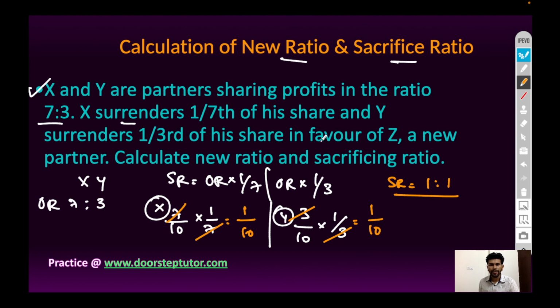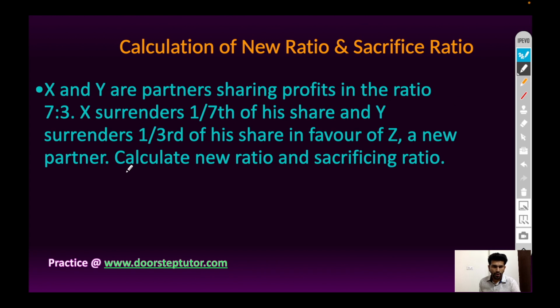Now by applying sacrifice ratio, we will get new ratio. Here sacrifice ratio is 1 is to 1. Now sacrifice ratio is equal to old ratio minus new ratio. So new ratio will be equal to old ratio minus sacrifice ratio.